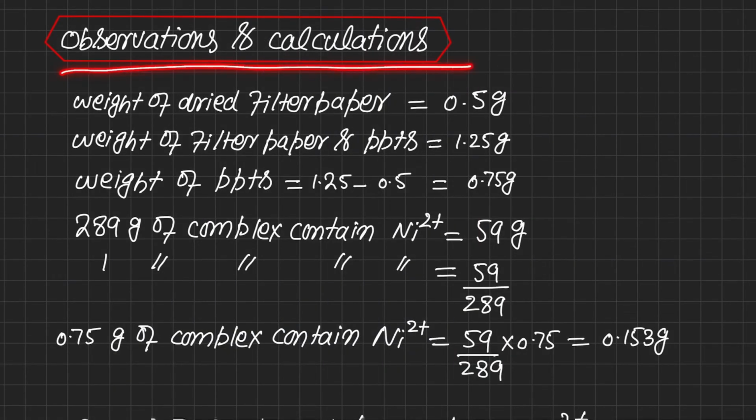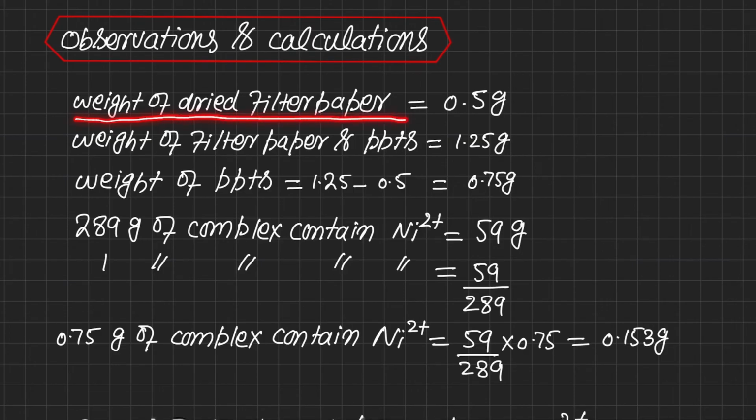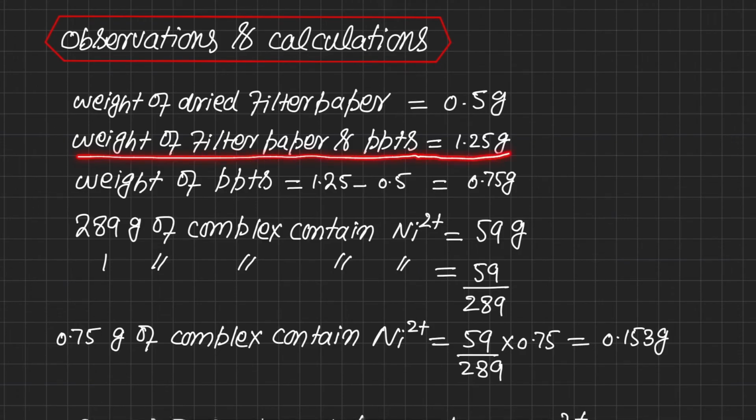Next we will do the observations and calculations. First of all, we measure the weight of the dried filter paper before the start of analysis, and in this case it was about 0.5 gram. After we collected the precipitates on this filter paper and the whole filtrate was evaporated, we measure the weight of precipitates and dried filter paper, which in this case is 1.25 gram.